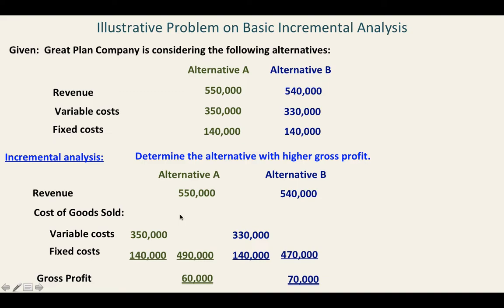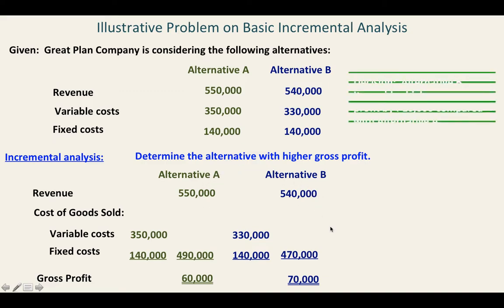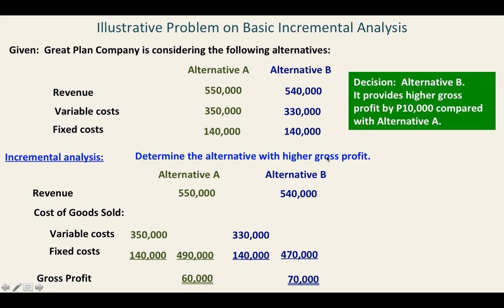So here, we can already make a conclusion between these two alternatives based on gross profit, because we did the incremental analysis based on gross profit. So the decision is alternative B. It provides higher gross profit by 10,000 compared with alternative A.